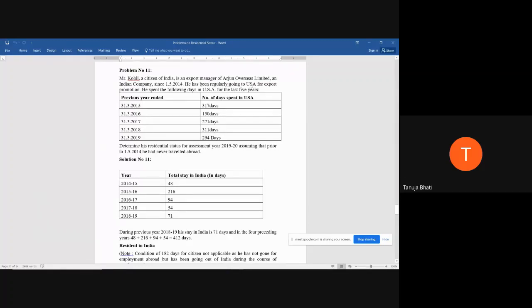He has been regularly going to USA for export promotion. He spent the following number of days in USA for the last 5 years. They have given the previous year and the number of days spent in USA. Determine his residential status for the assessment year 2019-20, assuming that prior to 1/5/2014 he has never traveled abroad.